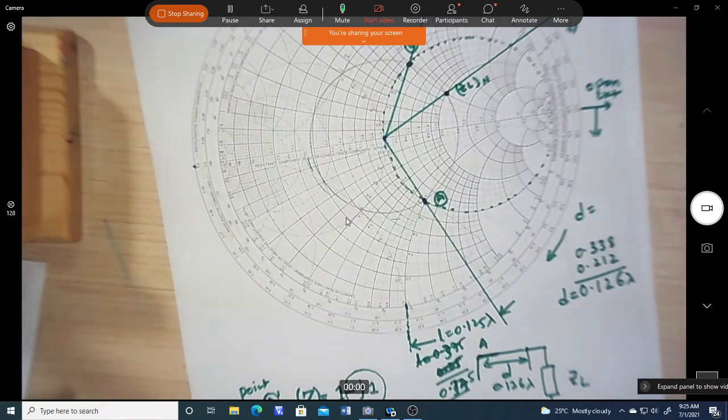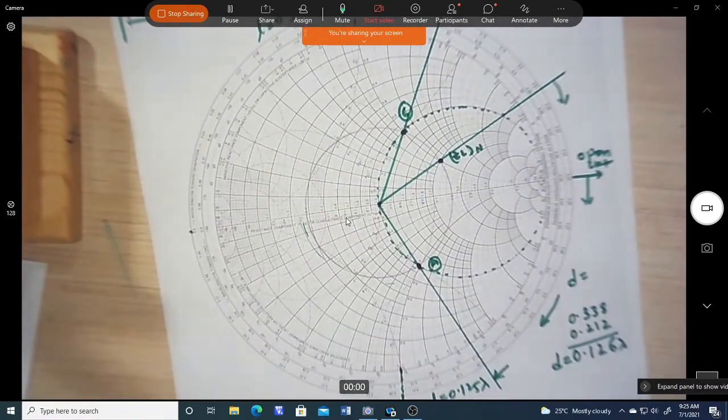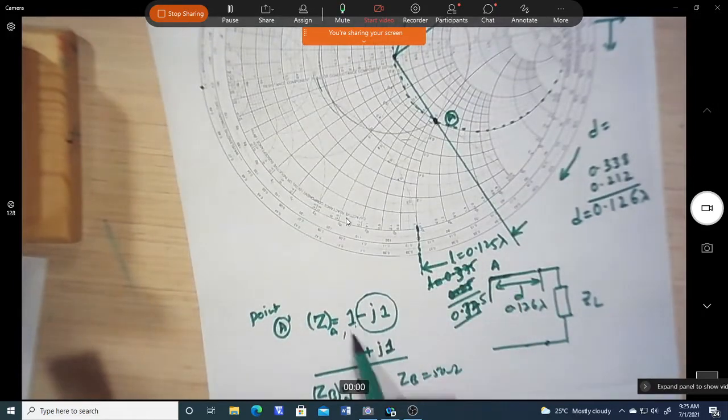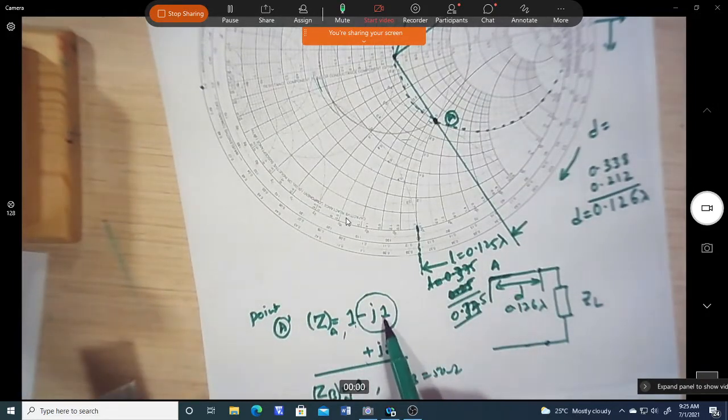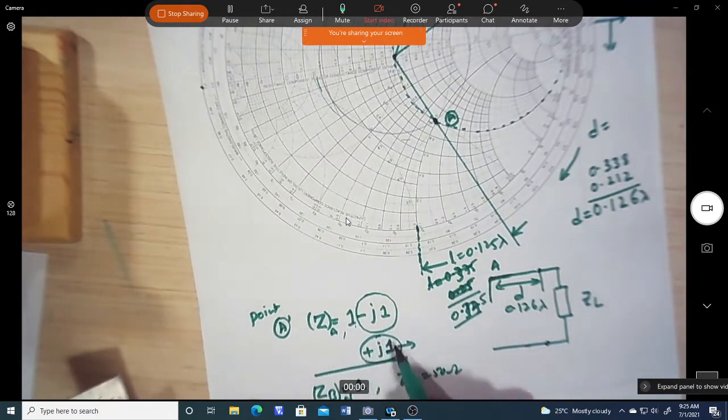So at point A the value of the reactance is minus J1, but in order to cancel this reactance, we need to add plus J1 reactance. So now we need to find out what is the length of the stub that gives this much reactance, in order to nullify this one.